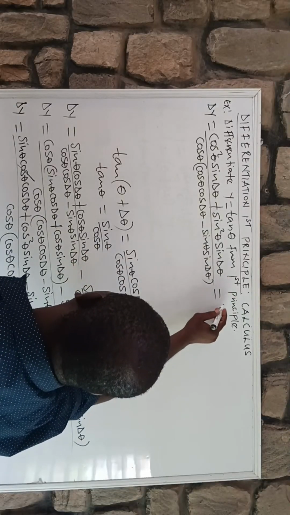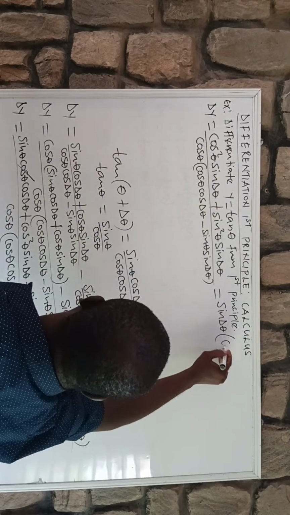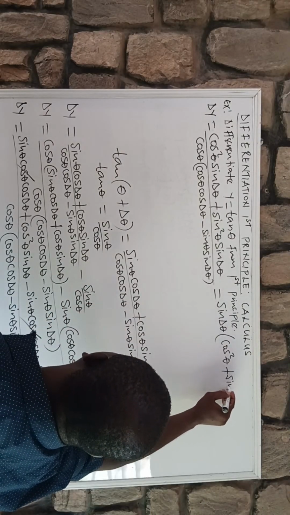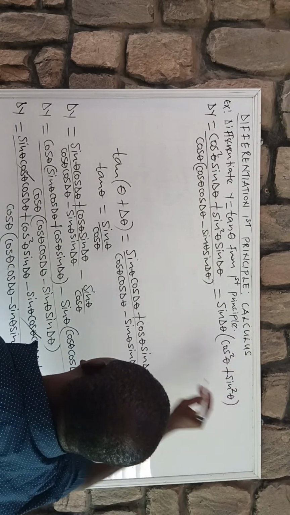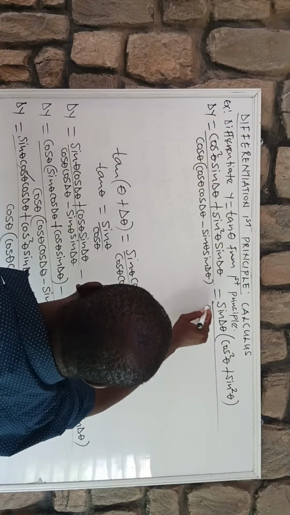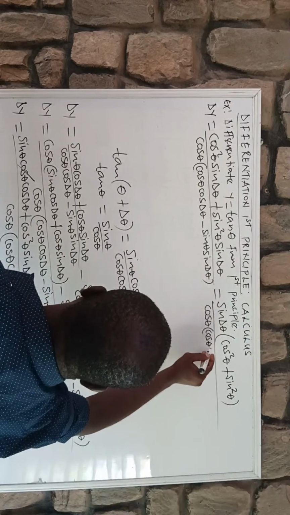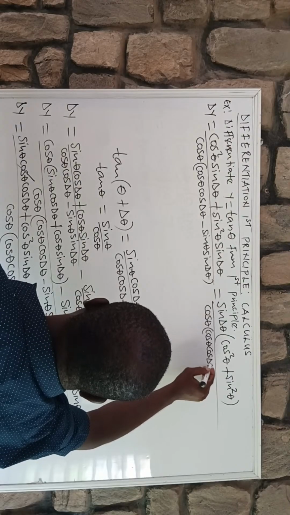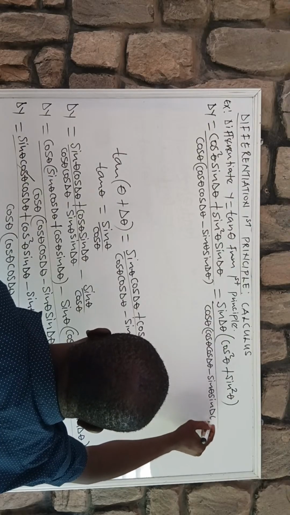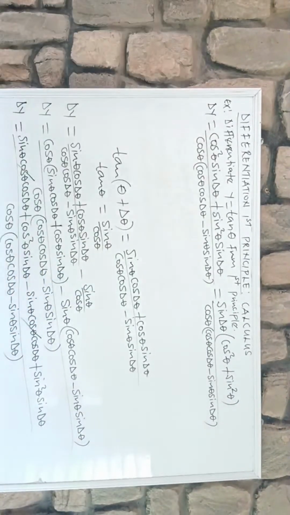So you factor it out: sin delta theta, open bracket, cos square theta plus sin square theta, close bracket, then all over cos theta, open bracket, cos theta cos delta theta minus sin theta sin delta theta. Hope you are following.